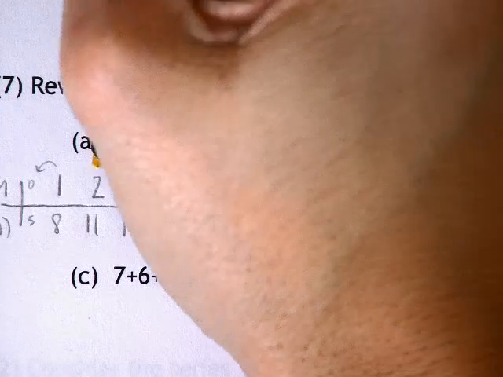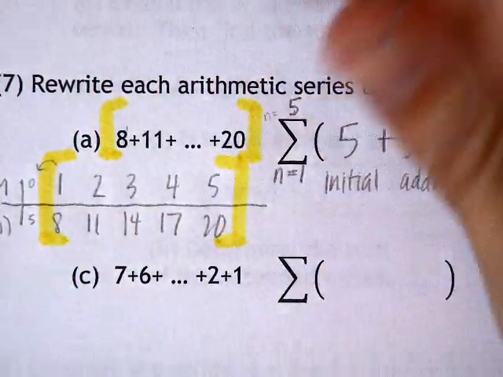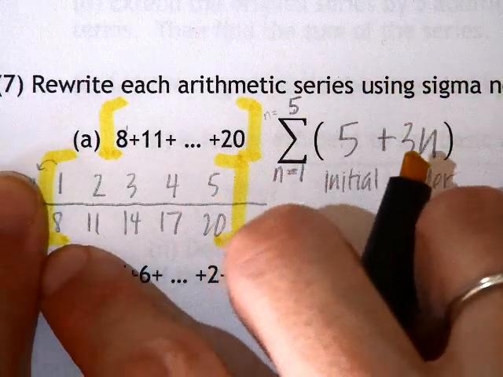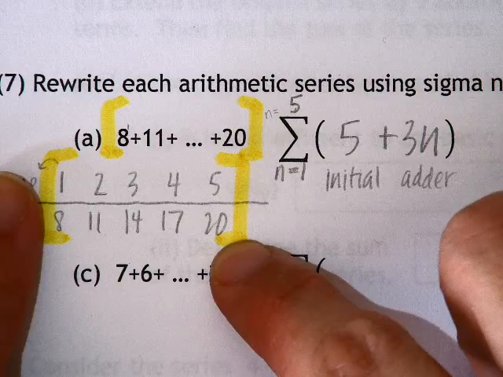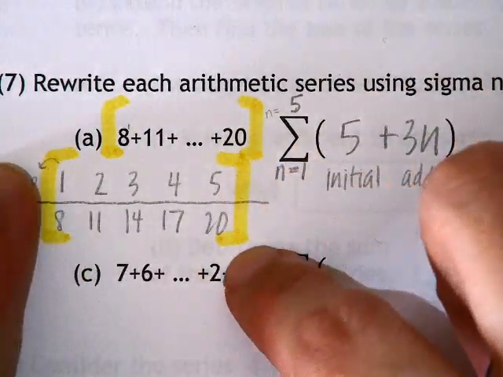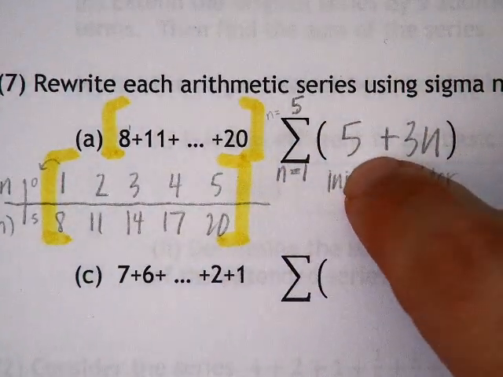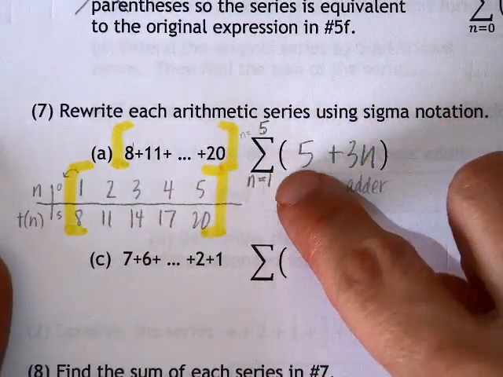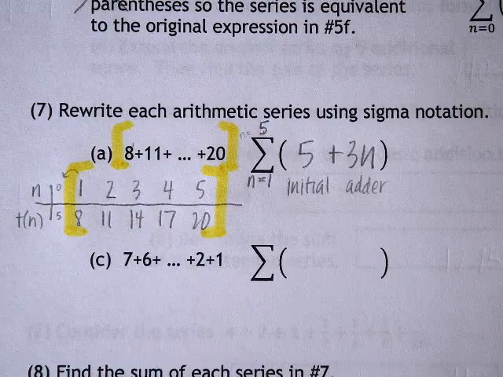Notice that the first given term was an 8, the last given term was a 20, and sigma told us to go from the first term to the 5th term. That would give us the 8 all the way up to the 20. It's telling us the equation that generates those terms, but specifically the importance of sigma is that it's telling us which selected terms to focus on, because we know that 5 plus 3n can go on forever and ever.